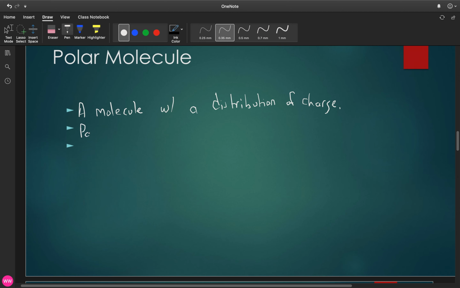So part is positive while the other part is negative. And this has everything to do with the fact that there's an electronegativity difference.